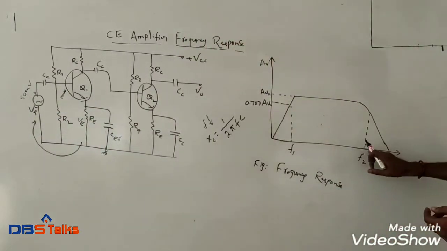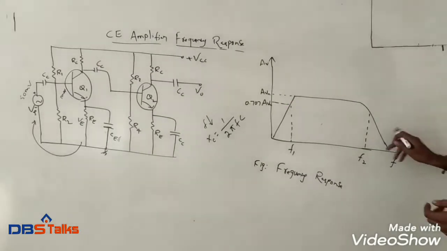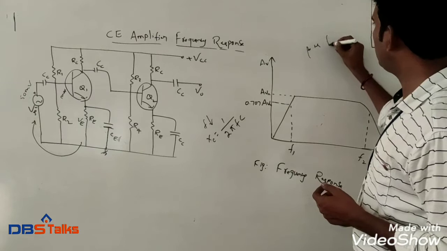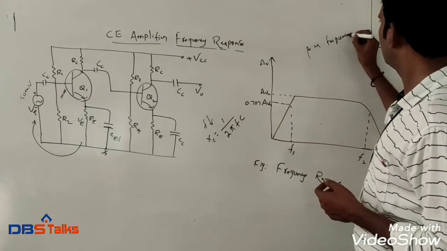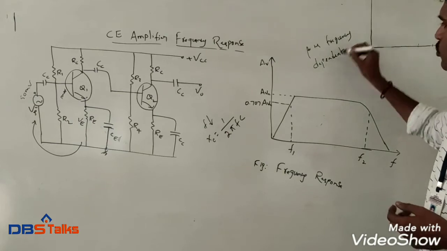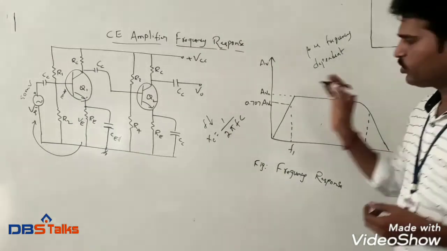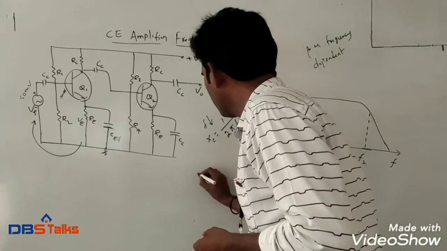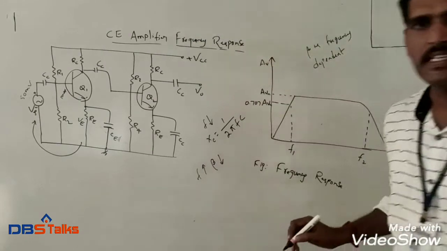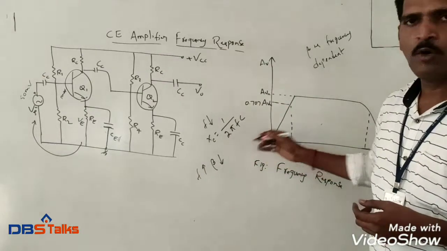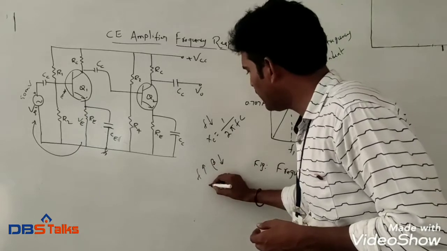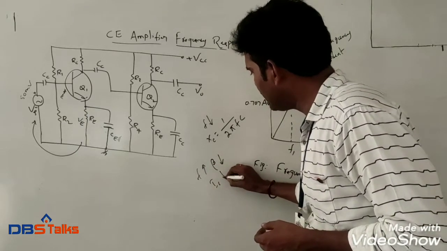Now we will see why the gain decreases at high frequencies. Here beta is frequency dependent. At high frequencies, if frequency increases, beta decreases. At high frequencies, beta decreases, then IC decreases.